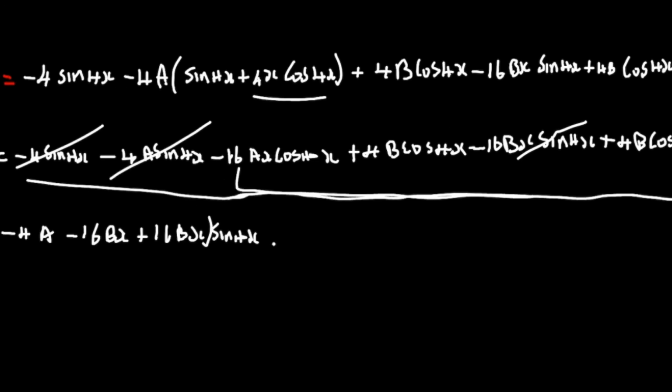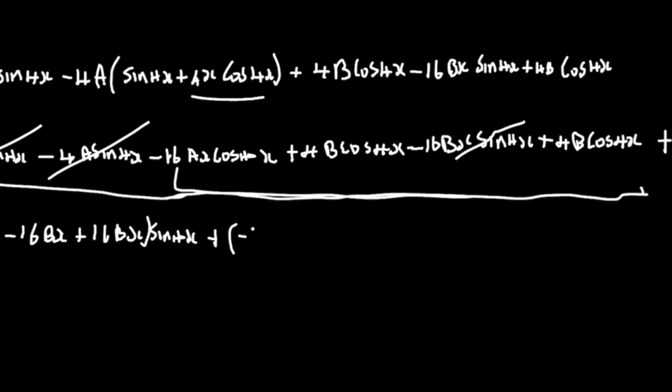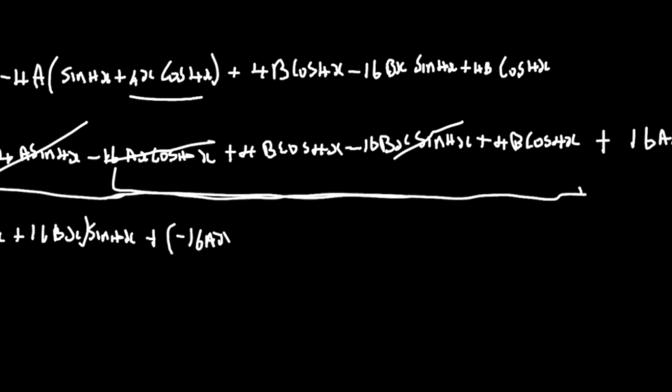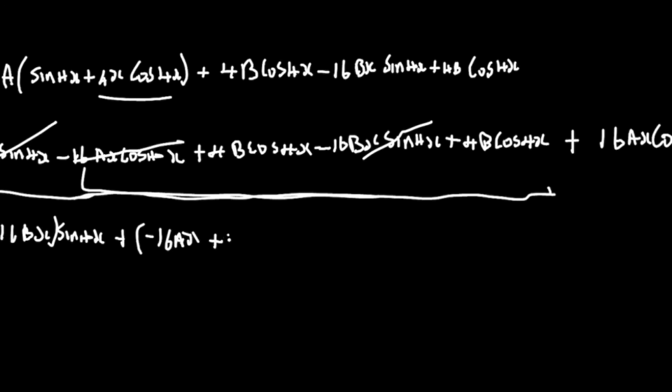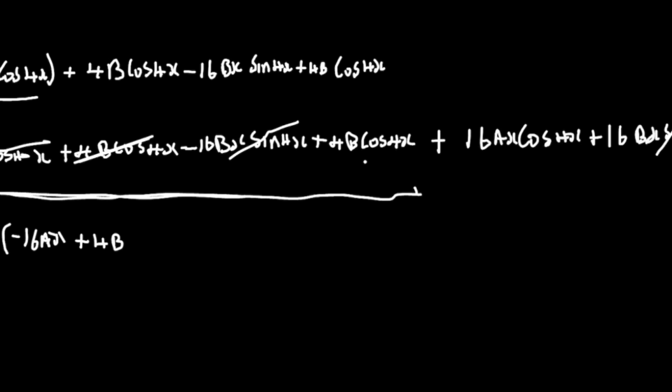We're now going to deal with the terms in cos. The first one should be minus 16ax. The next one should be plus 4b, and then the next one plus 4b.